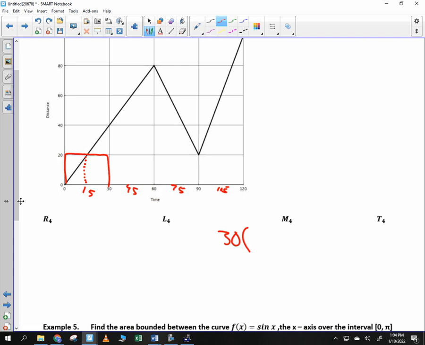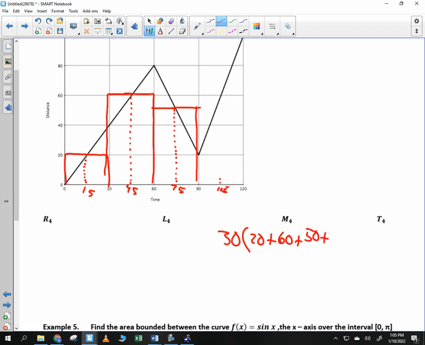What's the height? 20. What's the height midway through here? 60. What's the height midway through here? 50.